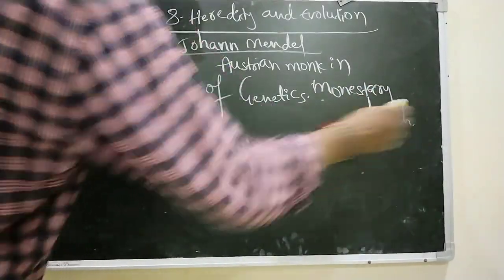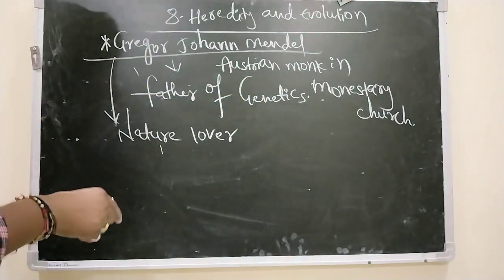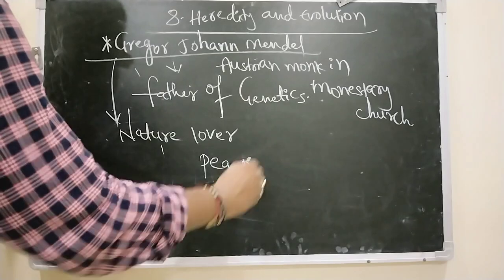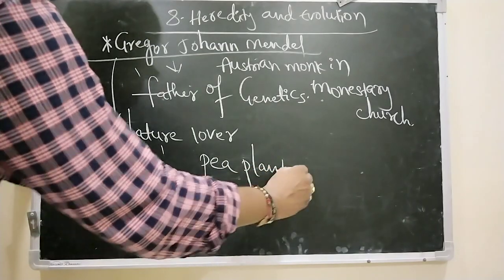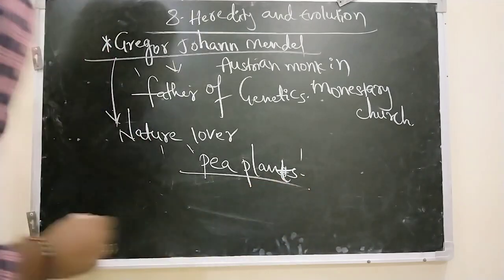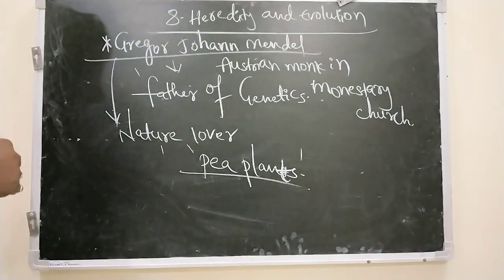As he was a keen observer of nature, his attention was paid towards pea plants which were growing in the backyard of the monastery church. In the monastery church backyard, he observed pea plants.